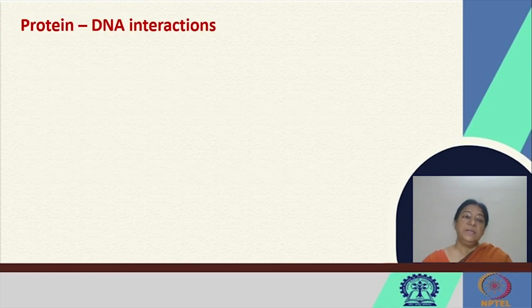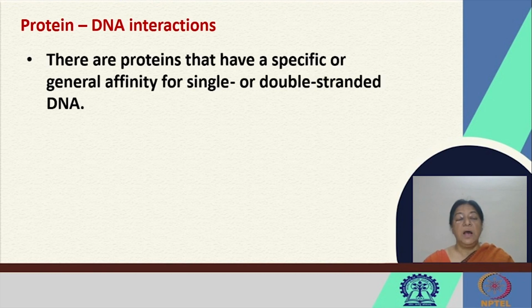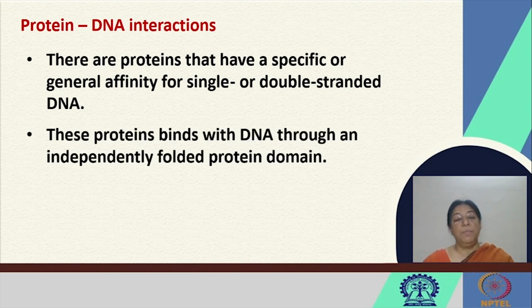Now, when we consider protein DNA interactions, we know that these proteins have a specific or general affinity for single or double-stranded DNA. The proteins therefore bind to DNA by the use of an independently folded protein domain.